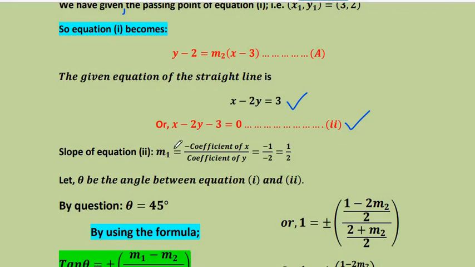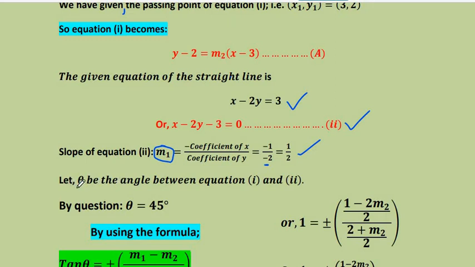The slope of the given equation is always considered as m1. So m1 equals minus coefficient of x divided by coefficient of y. The coefficient of x is 1, and minus is in the formula, so I have written minus 1, and the coefficient of y is minus 2, so it becomes 1 upon 2. This is the slope of the given equation, that is equation II.